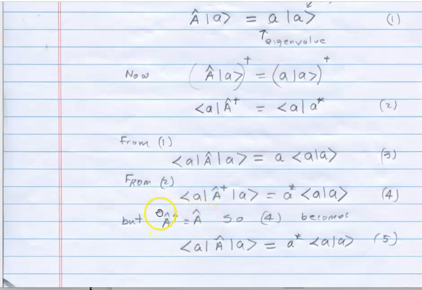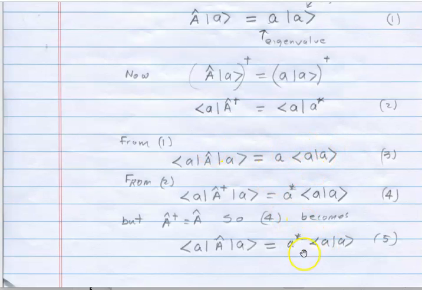we're considering that the operator is any Hermitian operator, and so I know that A dagger is equal to A. So in 4, I can just replace A dagger by A, since it's Hermitian. Now if you compare equation 3 and equation 5, the left-hand side is the same on both of them.